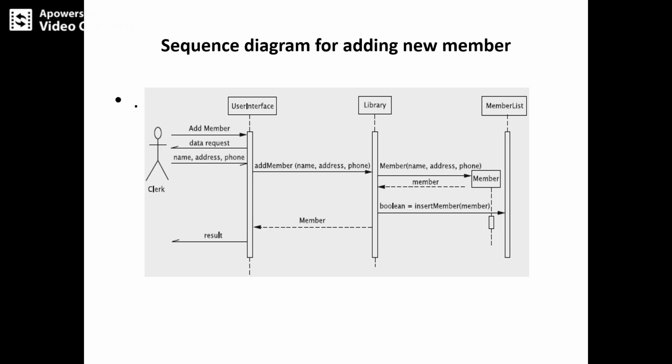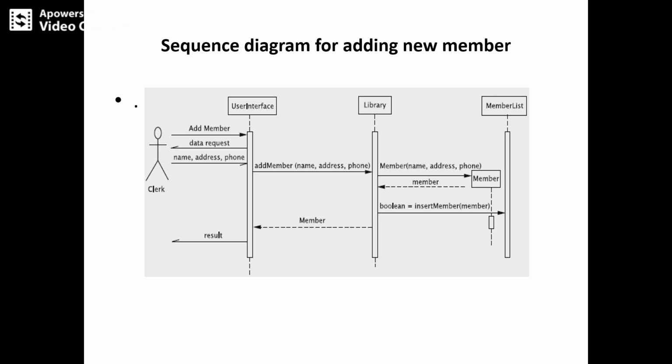When we want to become a new member in the library management system, the system takes a three-step algorithm. We create a member object, and the add member method adds the member object to the list of members.